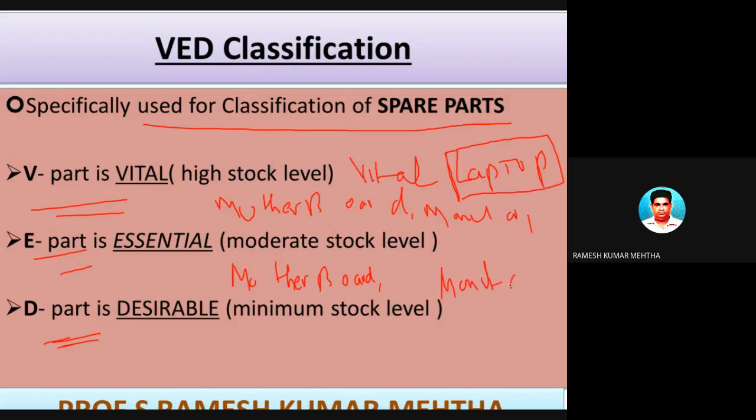Number three is keyboard. Now, I will consider the motherboard as vital. The monitor or CPU is essential, and you can consider the keyboard as desirable, because the motherboard is not available in quantity.